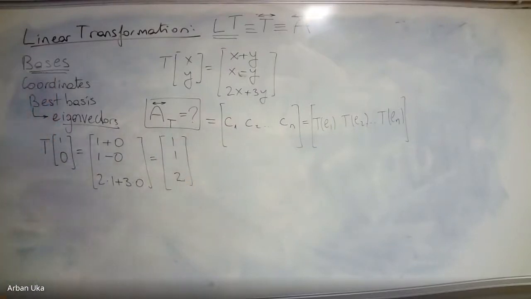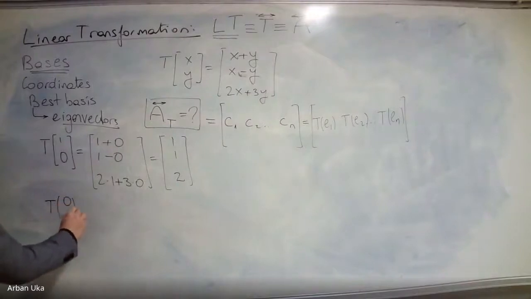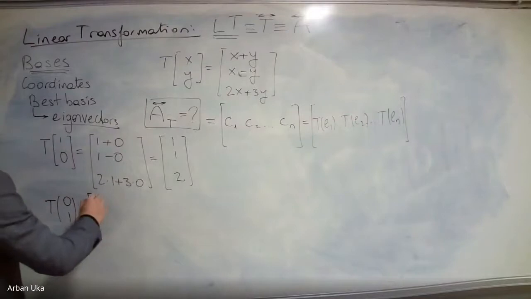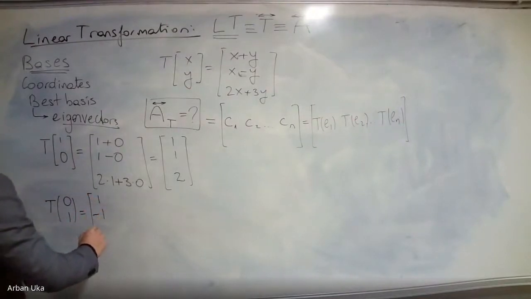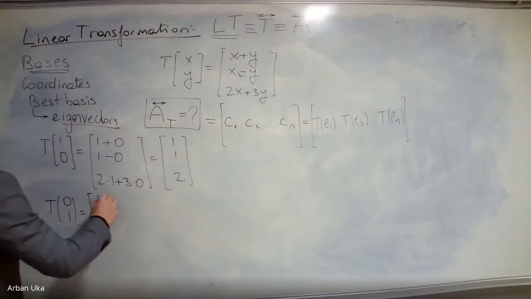So we got the first column, and then we have to apply the same linear transformation on the next standard basis element. We have here (0, 1). This is (1, minus 1, 3).